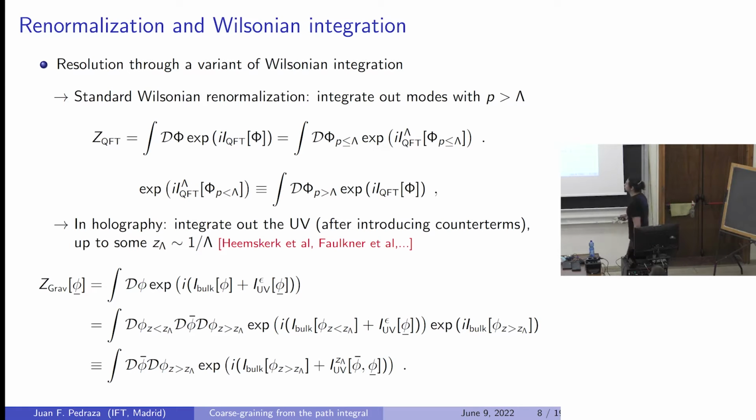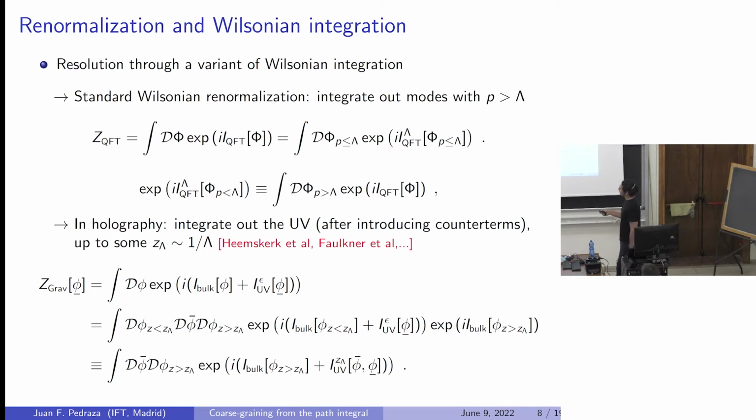That was done more than 10 years ago. You start with your gravitational partition function. First, you generally need to add some UV counterterms to regularize, to remove volume divergences near the boundary. But the idea is now to divide your path integral in two regions.